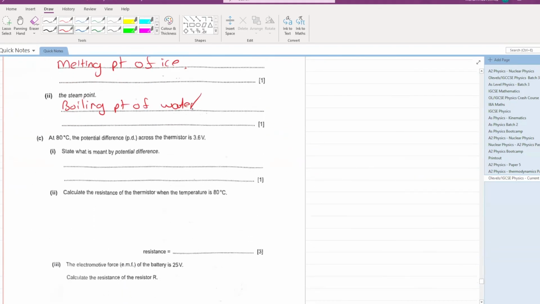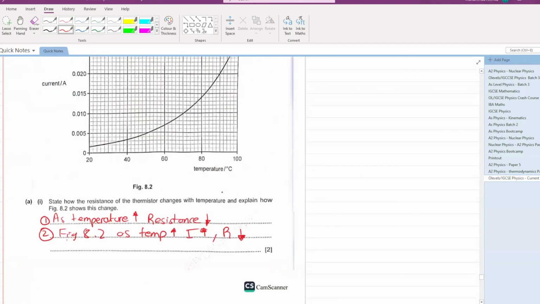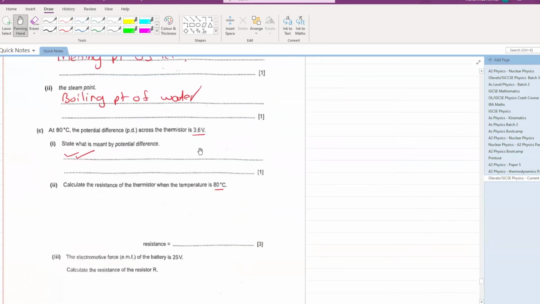At 80 degrees centigrade, the potential difference across the thermistor is 3.6 volts. State what is meant by potential difference. We have already done this multiple times. Calculate the resistance of the thermistor when temperature is 80 degrees centigrade. Here your current is 0.014 ampere.